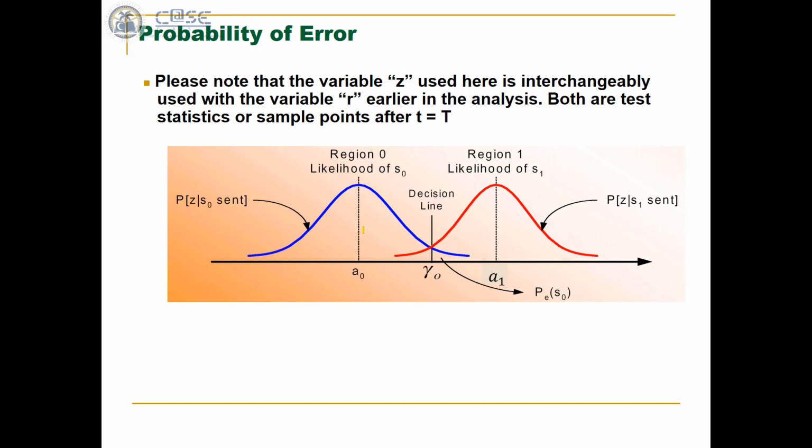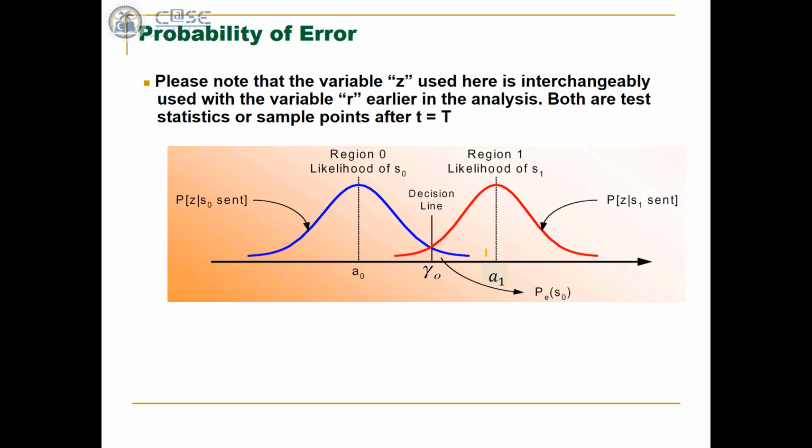And likewise for signal class S1, suppose you transmitted signal S0 from the transmitter, and somehow because of the noise, the value of your signal goes beyond this threshold gamma naught and moves into this region, right? The receiver is going to take the decision in favor of signal class S1, because here the likelihood probability of the signal class S1 is higher than the likelihood probability of the signal class S0, right?